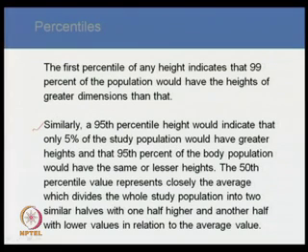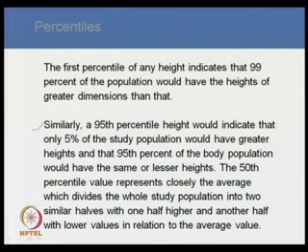Similarly, a 95th percentile height would indicate that only 5% of the study population would have greater heights, and 95% of the population would have the same or lesser heights.